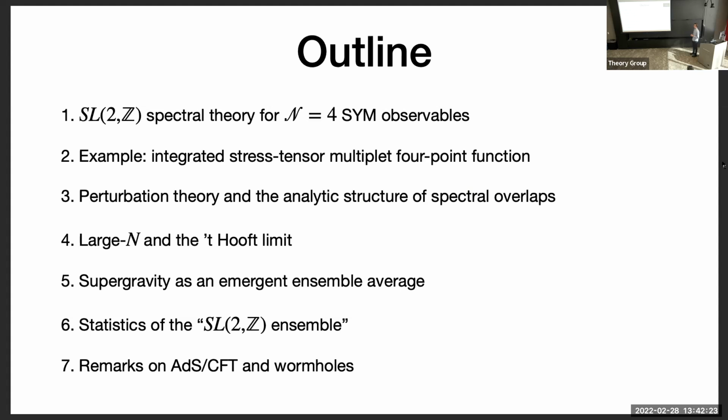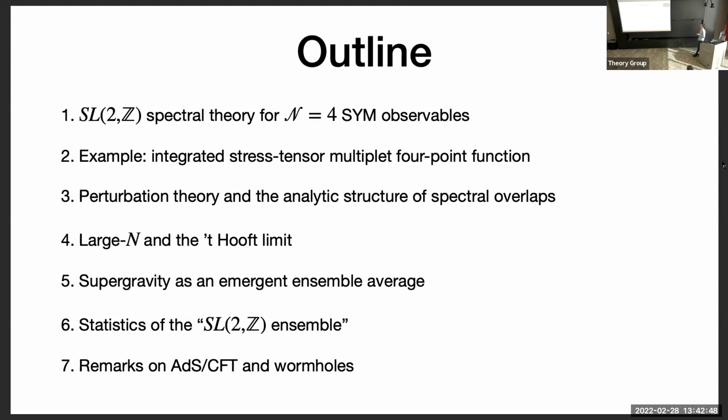Okay, so the hopefully not too ambitious outline for the talk is the following. I'll start by reviewing the SL(2,Z) spectral theory tailored for N=4 observables. I'll give what I think is a really beautiful and concrete example of what I mean when I say CFT observable, which is the integrated stress tensor multiplet four-point function of Binder, Chester, Pufu, and Wang.